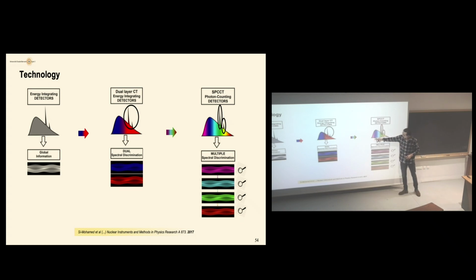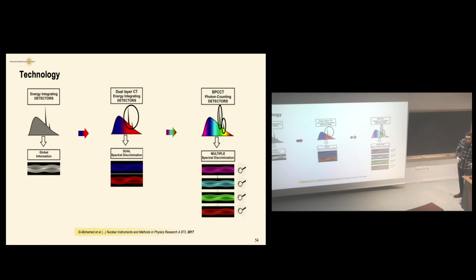Okay, so I said that the most important and interesting part is the one hidden in the multiple spectral discrimination of spectral photon-counting CT. Indeed, this system provides, as we said, energy resolving capabilities that will allow you to show some specific attenuation effects.